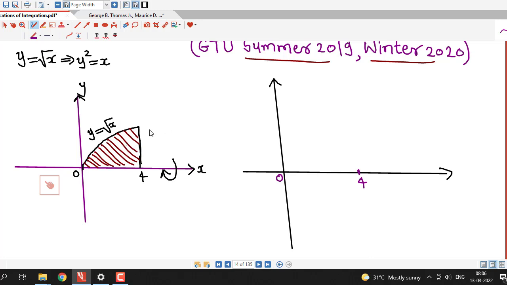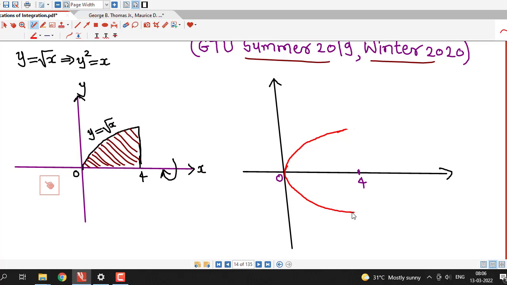That we can obtain by just taking the mirror image of y equal to square root of x. Suppose I want to sketch the mirror image of y equal to square root of x, then it will look like this.